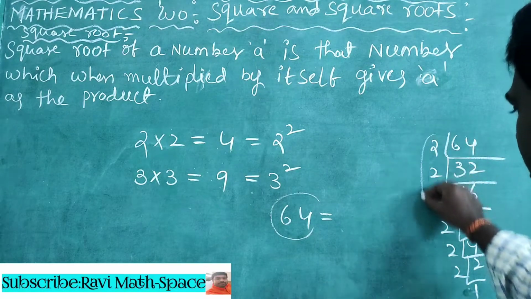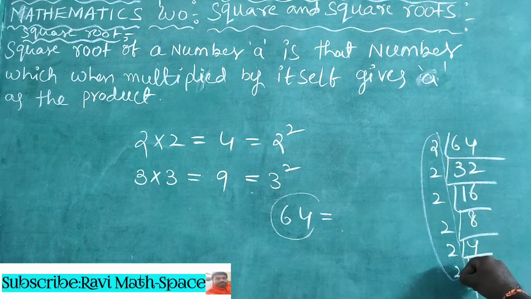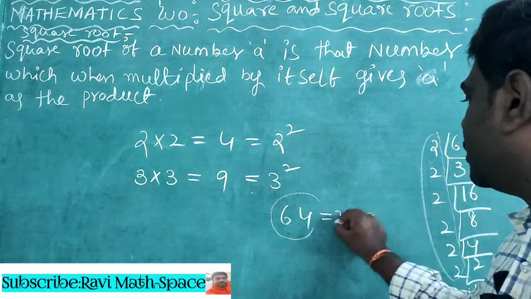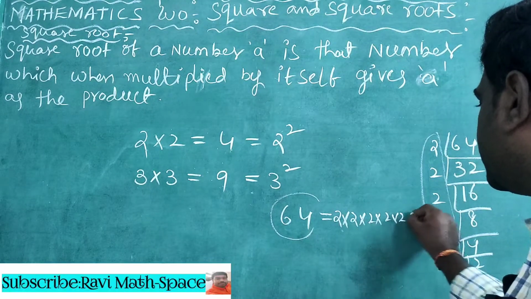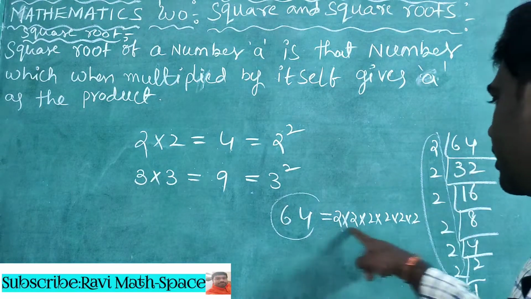Now all these numbers we should express with the product symbol, meaning 2 into 2 into 2 into 2 into 2 into 2. How many 2s did we get here? 6, right? So 6 are written.